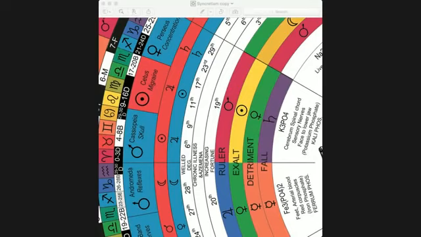If you should have a planet, the sun or your ascendant on one of these degrees, you will have increasing fortune. Just to give you an example, John Lennon has his ascendant on the 19th degree of Aries. So he had an exceptional fortune in his life. Of course, one of the most well-known individuals in history.